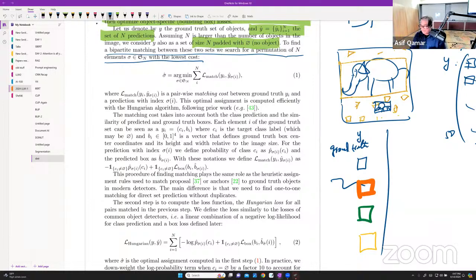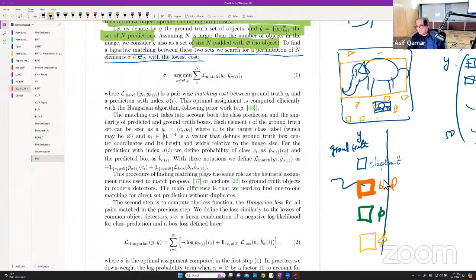At the same time, they need to have, in the first box, let's say the ground truth is elephant. And the second box has the word bird. And the third box has the word nothing. And the fourth box has the word nothing. Are we together? This is the ground truth.